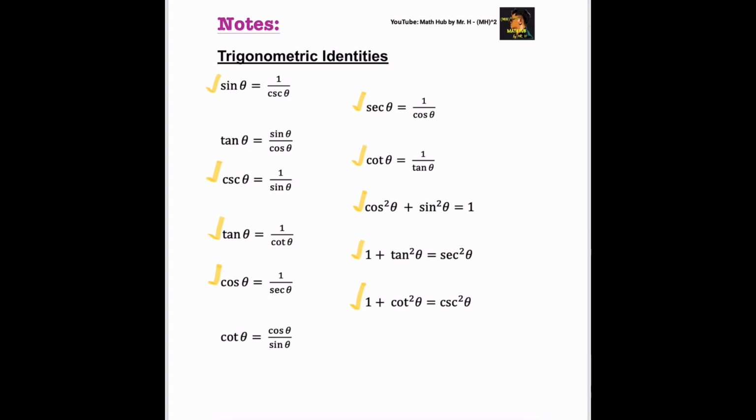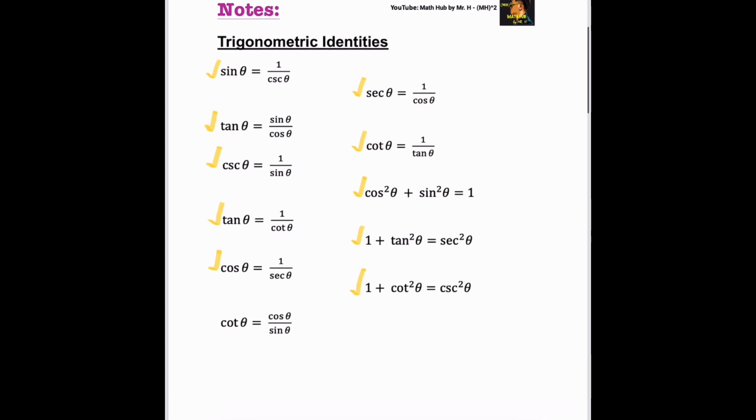And the last group, we have the quotient identities. So we have tangent theta is equal to sine theta divided by cosine theta, and cotangent theta equals cosine theta divided by sine theta.